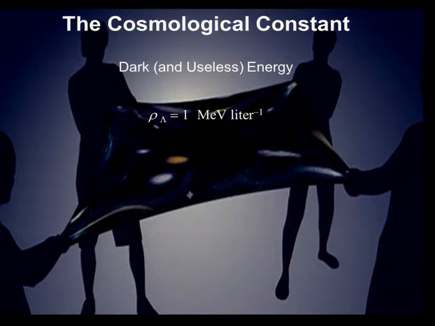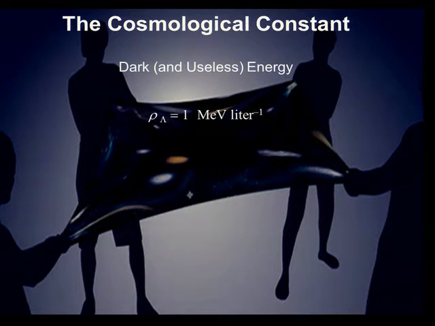If you talk to people and say there's energy in space, they think we can drill, baby, drill for dark energy and solve the energy crisis. Because there's 1 million electron volts of energy in every liter of space. That sounds very promising. But we know, of course, that this cannot be harnessed.